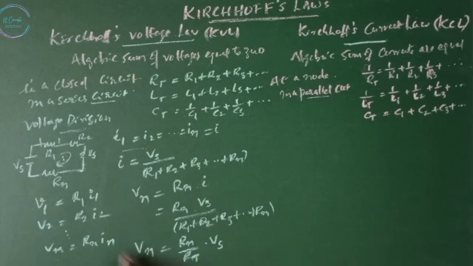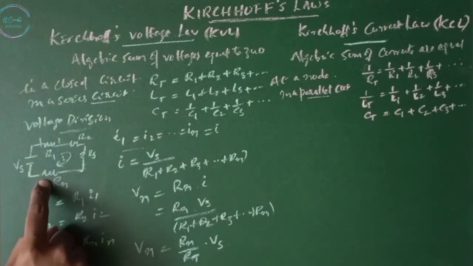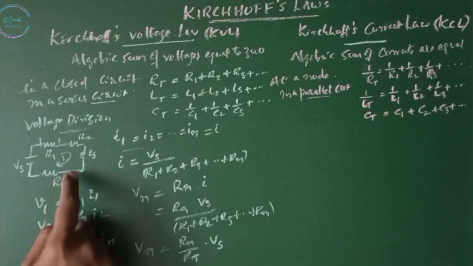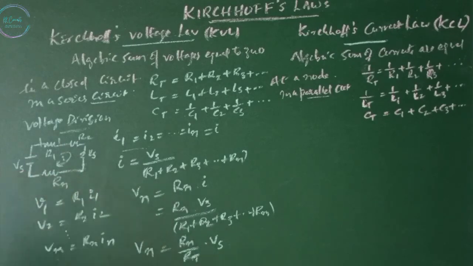Vn is the voltage across Rn. From this, we can say the voltage drop across Rn is given by the resistance Rn divided by the total circuit resistance Rt multiplied by the source voltage Vs.